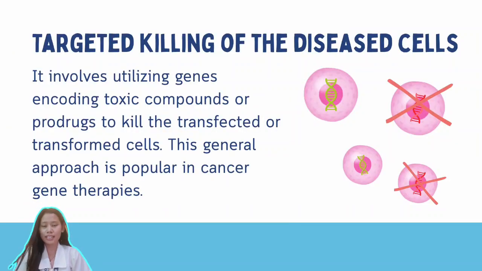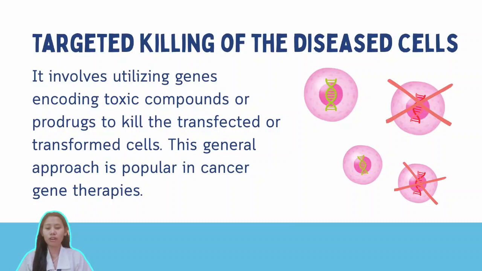The second one is the targeted killing of cells. So in targeted killing, you kill the diseased cells using toxic compounds or prodrugs. This strategy destroys harmful cells, especially cancer cells, while leaving normal cells unharmed.